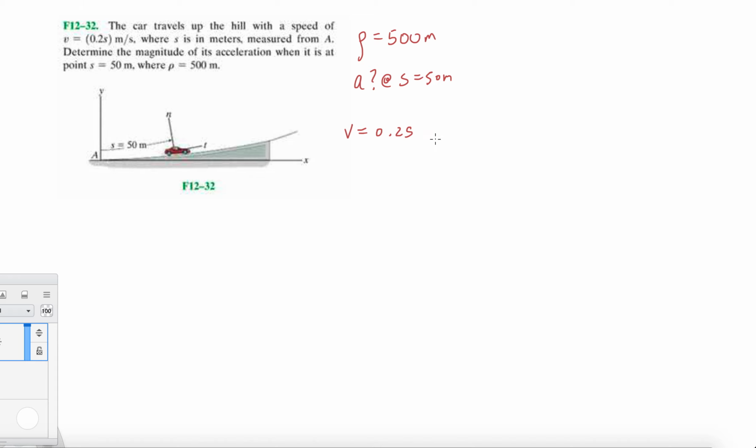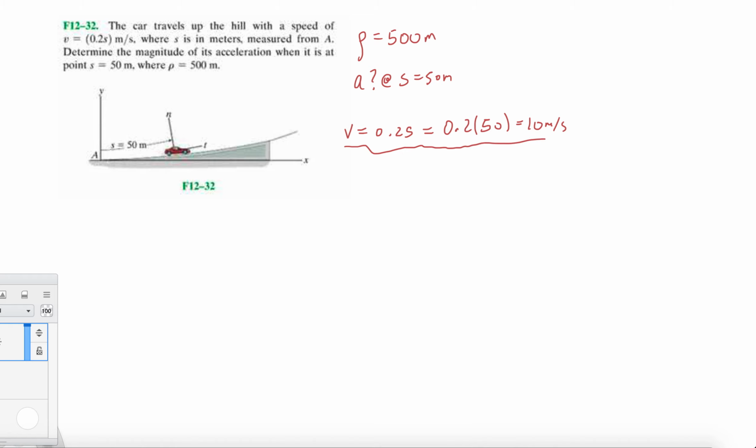Well, first let's calculate my velocity at point S equals 50. So it's 0.2 times S equals 50, which is 10 meters per second. Why am I calculating the velocity?